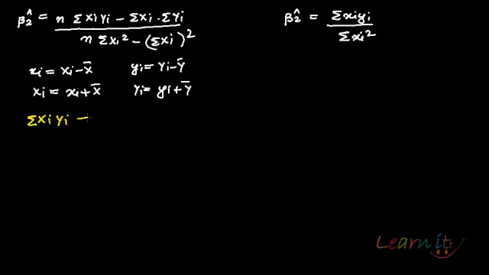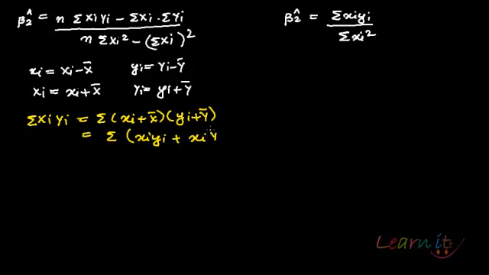Summation XiYi would be what? Summation of xi plus X bar into yi plus Y bar, which is equal to summation of xiyi plus xi Y bar plus yi X bar plus X bar Y bar.